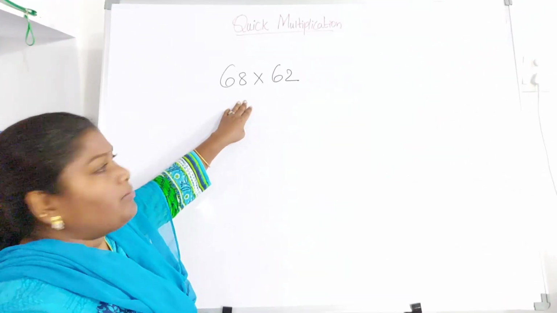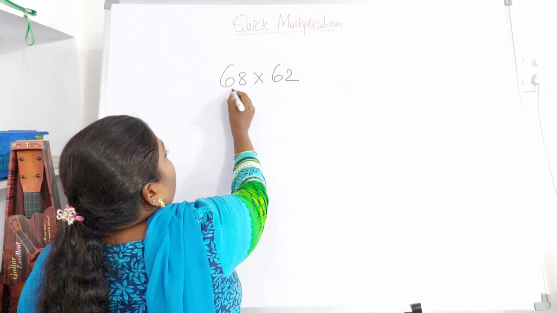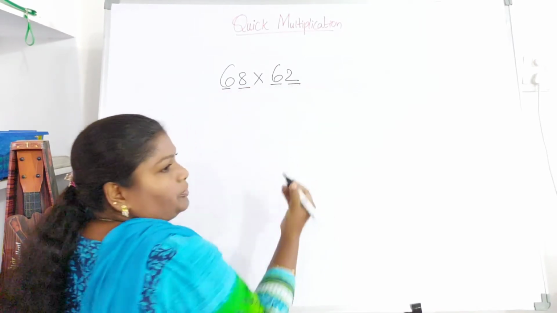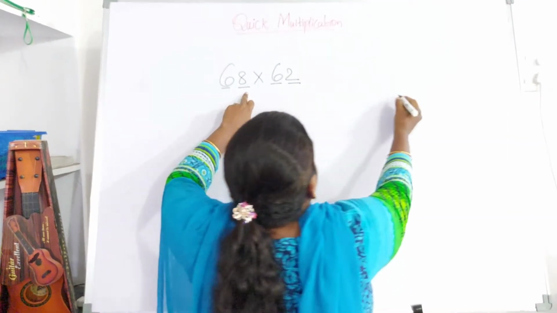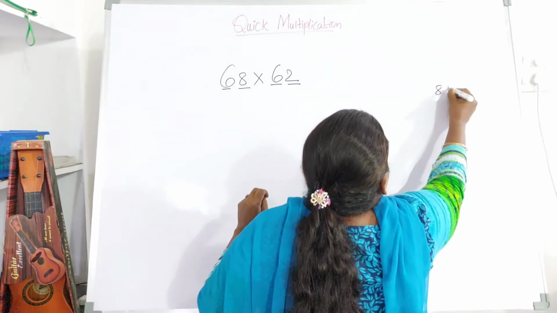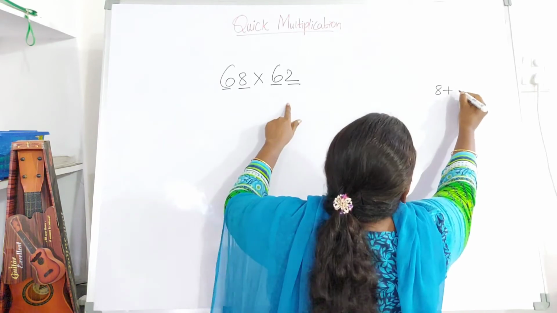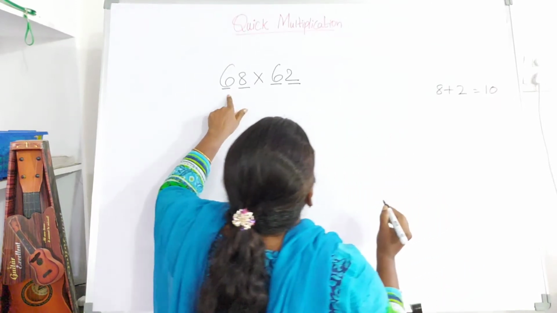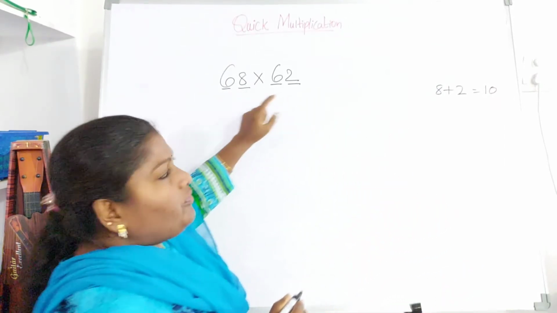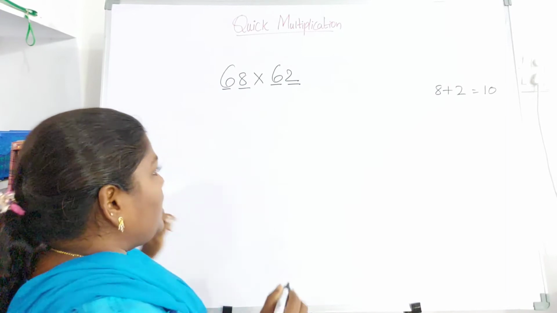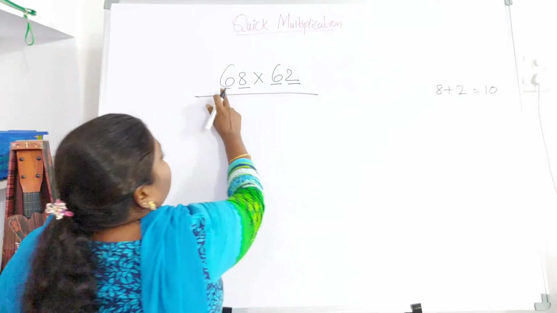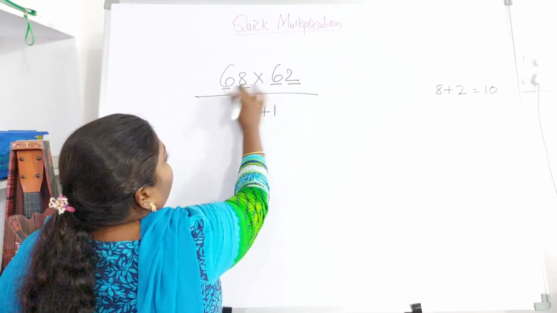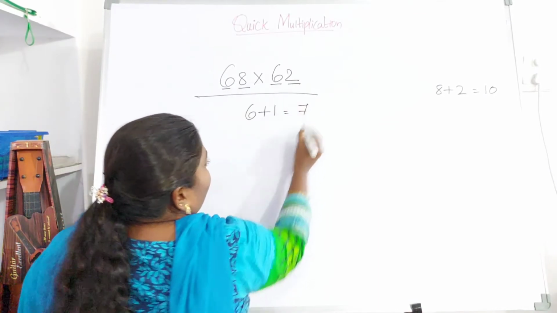Now this is the next example: 68 into 62. Here you can observe that the tens digits are similar and the ones digits sum up to 10. The ones digit of the first number is 8, and the ones digit of the second number is 2, and 8 plus 2 is 10, and the tens digits are the same. Whenever you have numbers in this way, you need to follow this method. 6 is common, so add 1 to the repeated number, which gives 7.